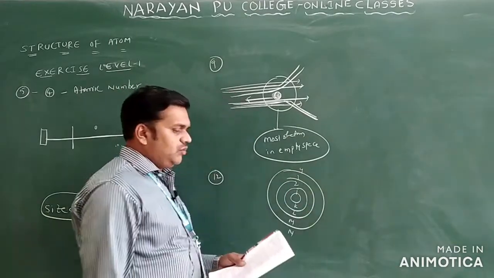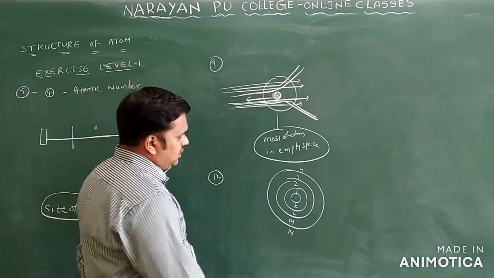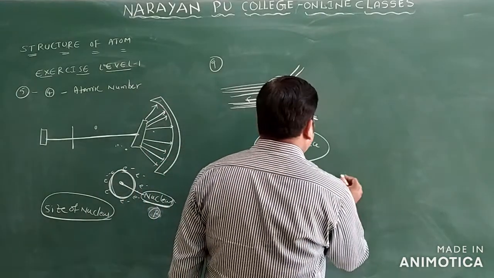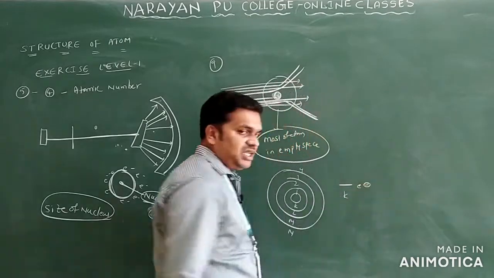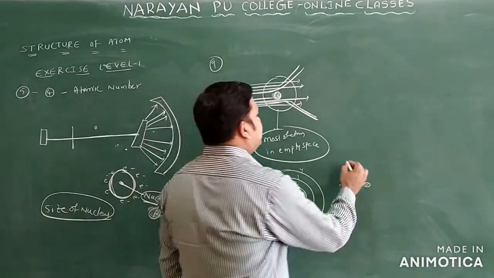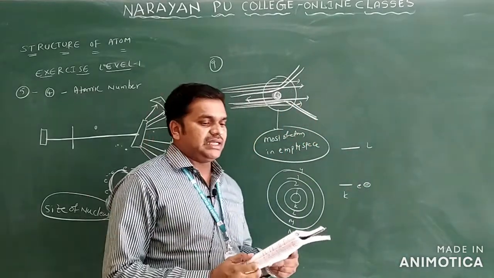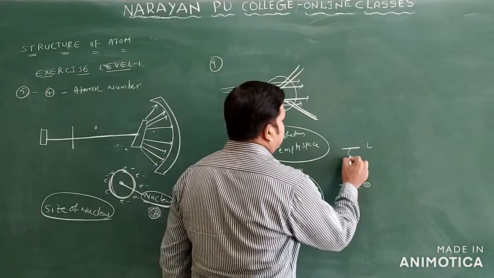Now we can see the jumping of the electron. Jumping of the electron takes place from L to K only. Here you can imagine an electron is present in the K shell, and above it we have the L shell. Now what happened here? The electron jumps from the L to the K shell.